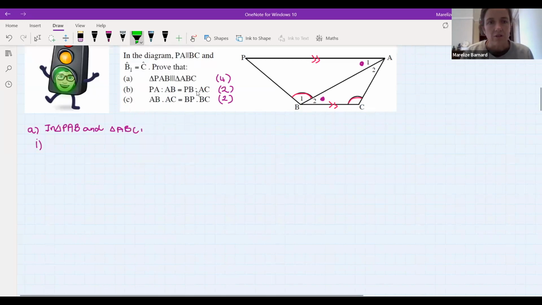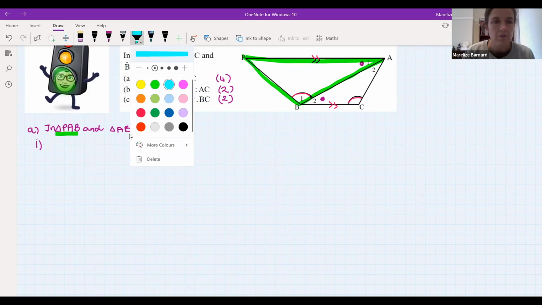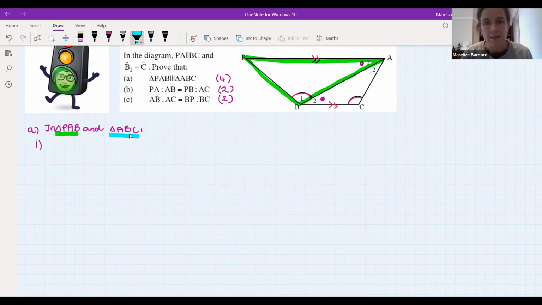I've got triangle PAB that I'm going to make green, PAB, and triangle ABC I'm going to make blue, ABC. There we go.